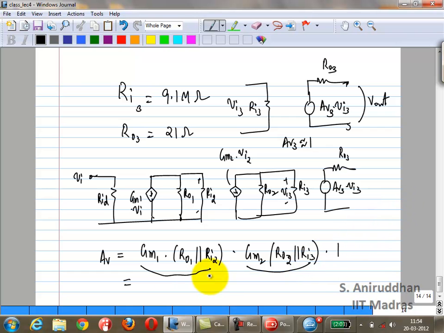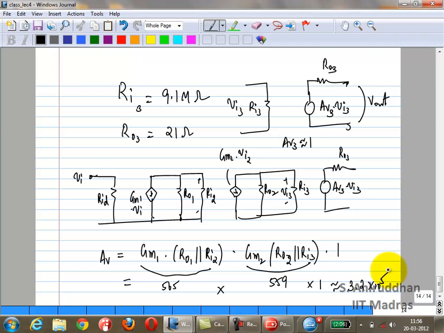Can you tell me what the gains of the first stage, second stage and third stage are? First stage is 565. Okay. What about the second stage? 559. Okay. So the voltage gain is some 3.2 times 10 to the power 5 volts per volt. Pretty large.